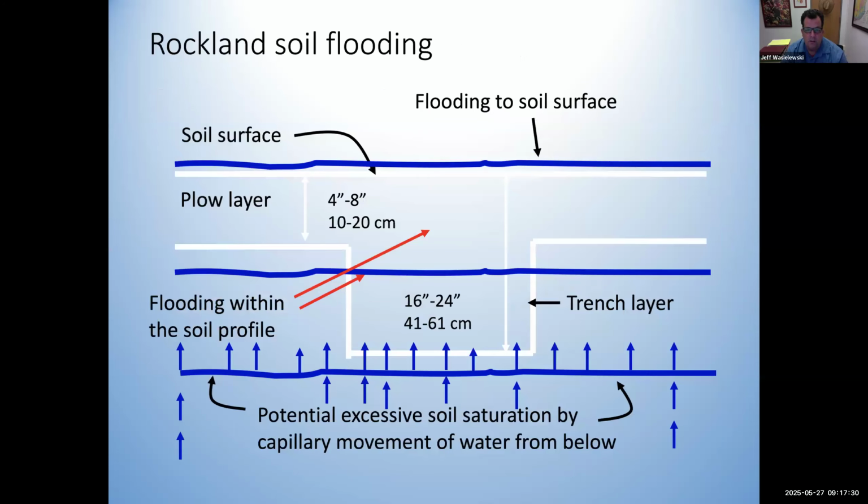So here we are in the rockland, so it's a little more complicated. So we have the flooding up here. We have the soil surface in this blue line. Flooding goes down. The plow layer is where they went on the limestone and just kind of broke it up. So there's just some broken rock there for about 4 to 8 inches.